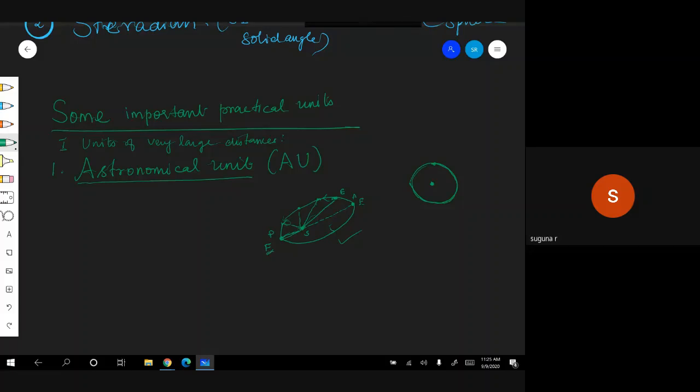Now, what is the astronomical unit? It is the average distance. The distance of the Earth from the sun is varying at every instant. Okay, let it vary. But you take the average of all the distances of the Earth and the sun, and that gives you what is called the astronomical unit. Very simple.